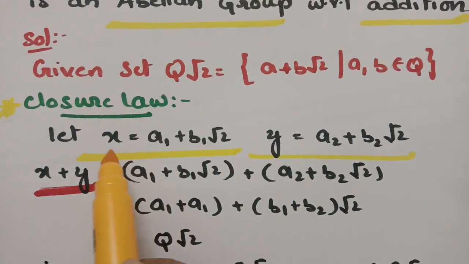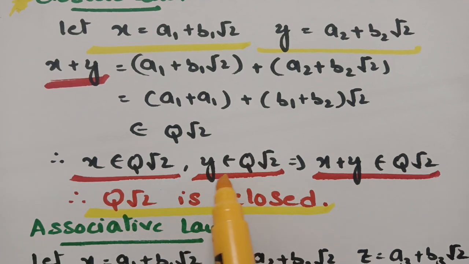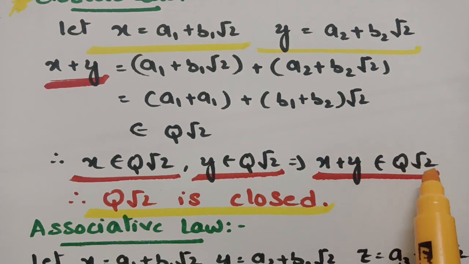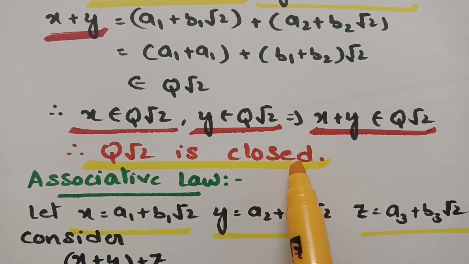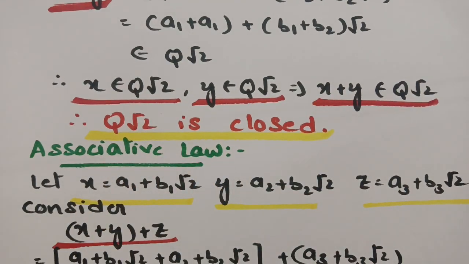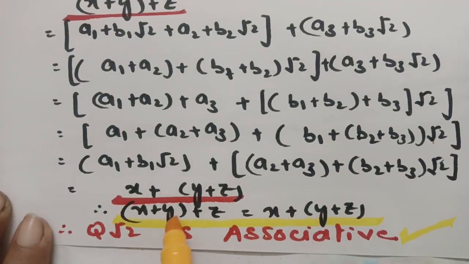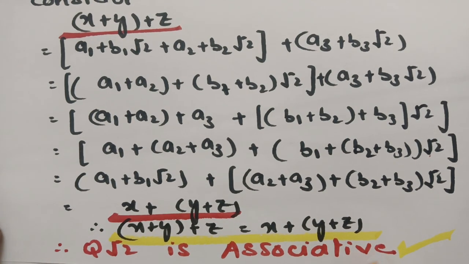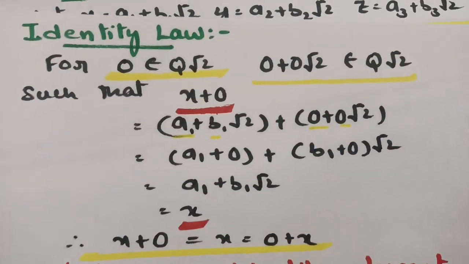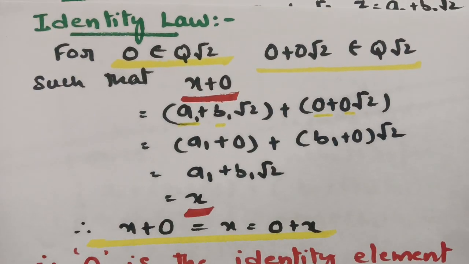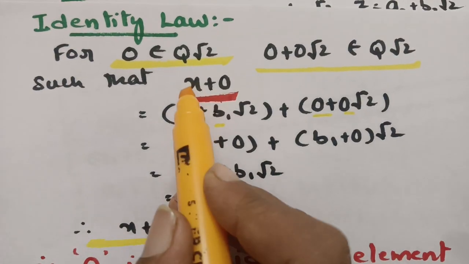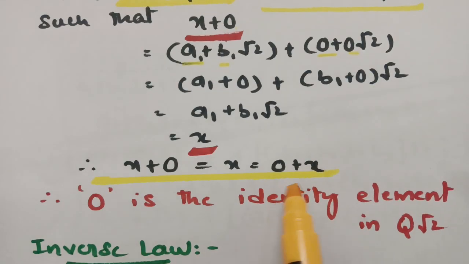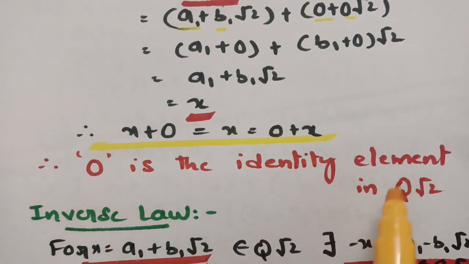So here x belongs to Q root 2, y belongs to Q root 2, and x plus y belongs to Q root 2, and therefore it satisfies the closure law. And for the associative law, x plus y plus z is equal to x plus y plus z, and therefore Q root 2 is associative. And next one is the identity law. For addition, 0 will be the identity element. I have considered x plus 0 is equal to x, which is equal to 0 plus x, and 0 is the identity element.